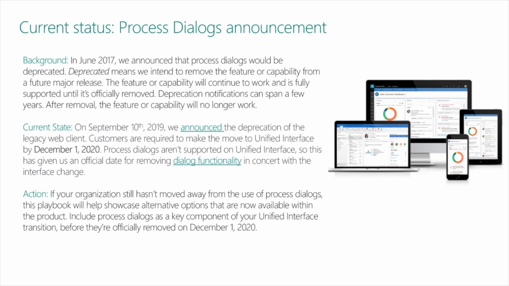Back in September 2019, we announced the deprecation of the legacy web client. And because process dialogues are mainly accessible today through the legacy web client, customers are required to move to unified interface by December 1st, 2020, and process dialogues will not be supported on unified interface.